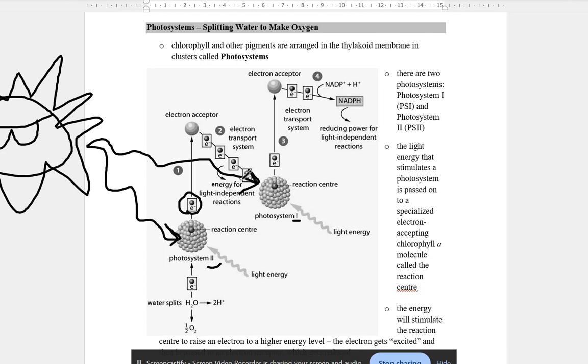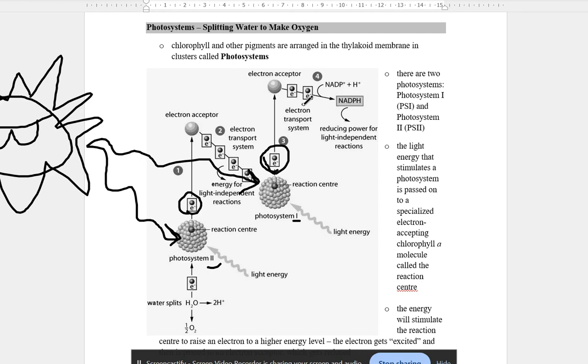Another electron is excited from being stimulated, and so this electron from chlorophyll is raised up to a higher energy level, passed by a series of oxidation and reduction reactions. Remember, you're losing electrons, you're getting oxidized, you're gaining electrons, you're getting reduced.